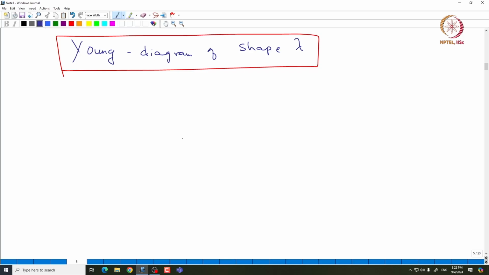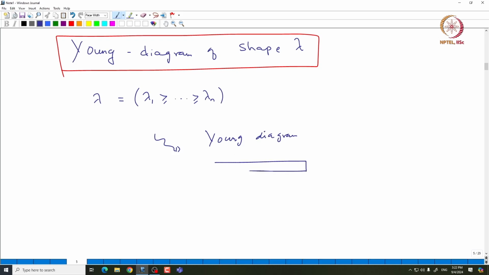So, you have lambda, which is indeed a partition: lambda 1 greater than or equal to etc. greater than or equal to lambda n. The way you want to think about lambda using the Young diagram, the associated Young diagram is nothing but the collection of boxes arranged as follows. The very first row has lambda 1 boxes.